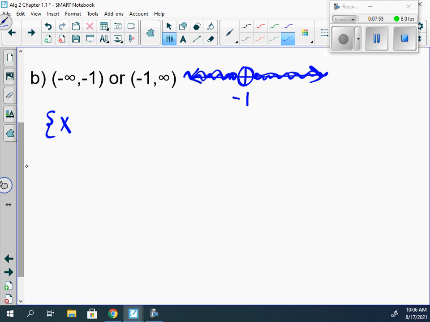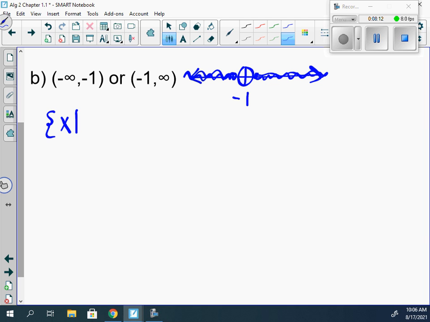Brace x. What kind of numbers are we dealing with? Real. Because when we talk about intervals or inequalities, we're talking about all real numbers. We're talking about all of them.